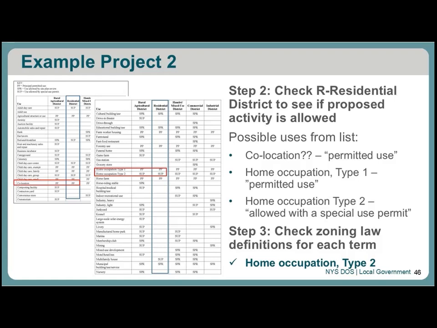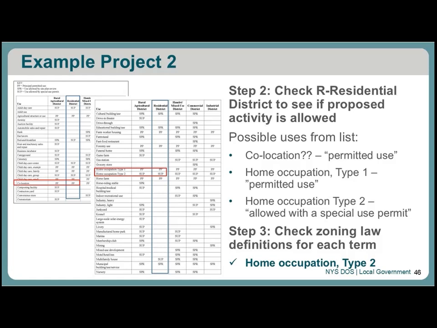You're going to go down, locate the residential zoning district, and then go down the list of uses looking for terminology associated with home-based businesses or mixed businesses or salons that would be maybe allowed even in a residential zone. The term home occupation is commonly known.